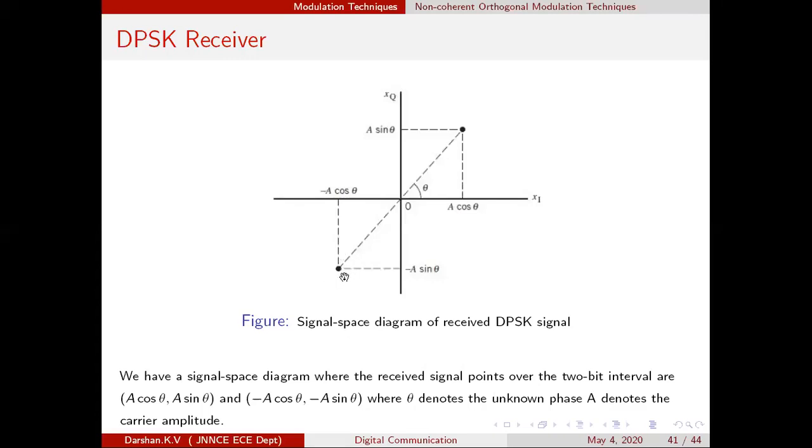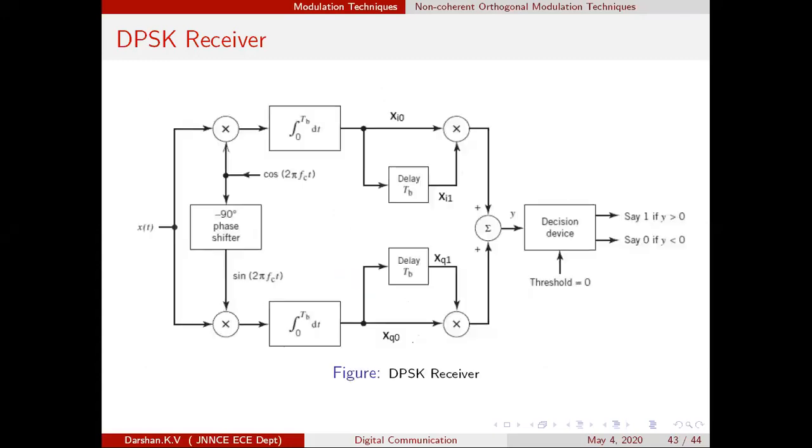Up till this we have learned. Now let us observe this block diagram. So now what we have done is x of t. Just observe over here. There is xi0, and you have another thing, xi1. Don't bother about the lower channel.